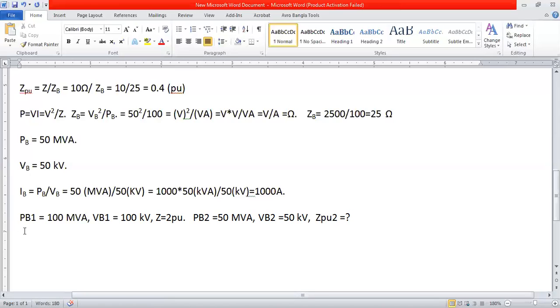That is, if the per unit value of impedance or resistance is given in the question, and the corresponding power base and voltage base are also given for this per unit, and now the new power base and new voltage base are given, and for this new base you have to calculate the new per unit value, then we will write this new equation.